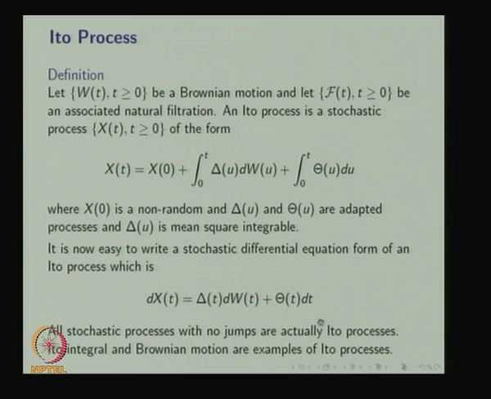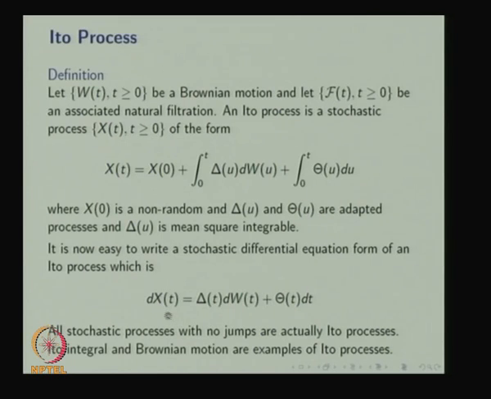Whenever you see an Ito process, you won't find jumps. A jump Ito process is nothing but an Ito process in which the moments are discrete rather than continuous. So all the stochastic processes with no jumps are actually Ito processes, because it has the term of dt as well as a dW_t term for the increment of dX_t for all t.